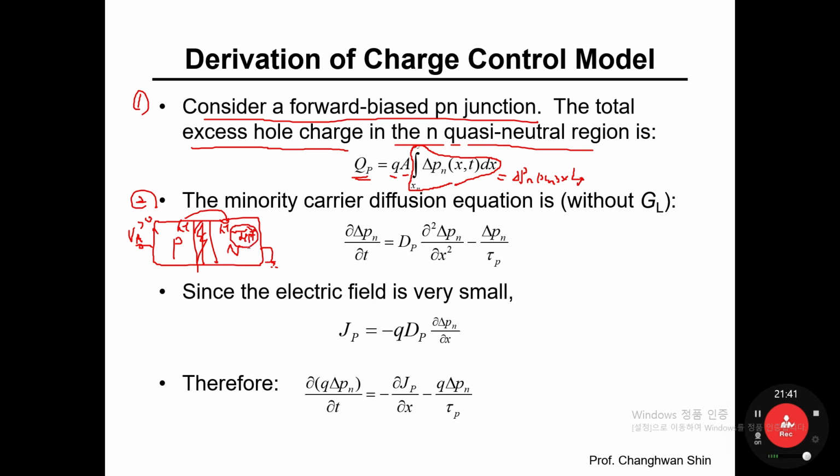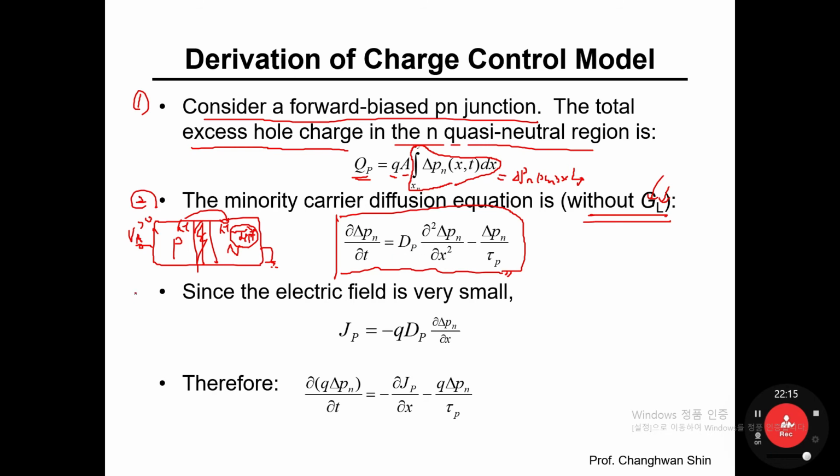So these physical events can be explained with the minority carrier diffusion equation. That was originally a second order derivative equation. So without the generation by light, we can write down the second order partial derivative equation for minority carrier diffusion. So please go back to the minority carrier diffusion equation if you would like to review and refresh your memory. Okay, please do that.